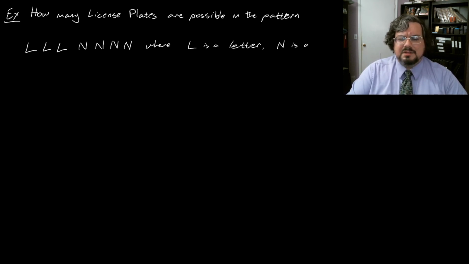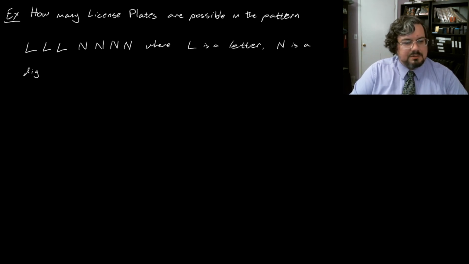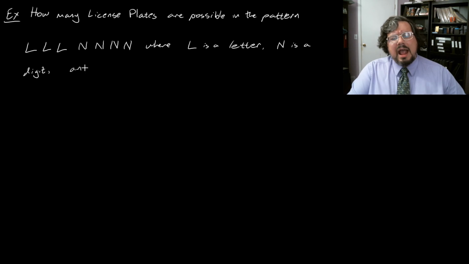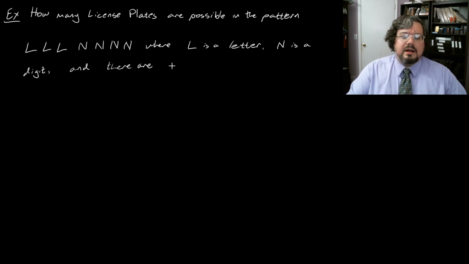N is a digit, so just like for the phone numbers, 0 to 9. And there are 30 forbidden letter combinations.